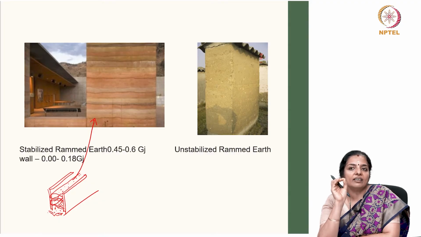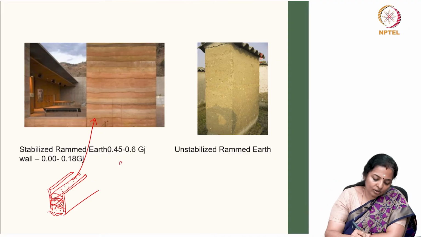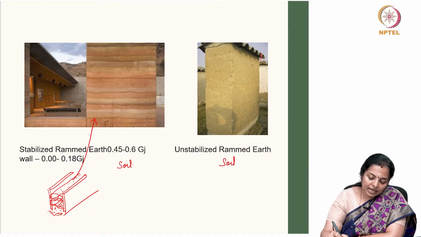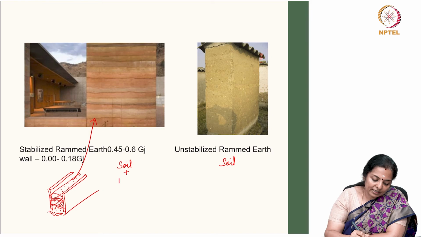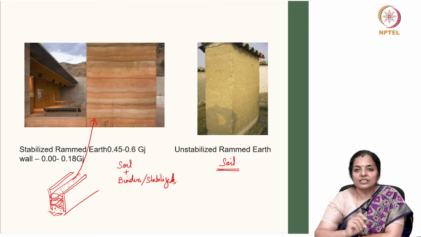So, rammed earth is a technique which uses earth or soil. This along with binders or stabilizers is called stabilized rammed earth, whereas this is just soil.